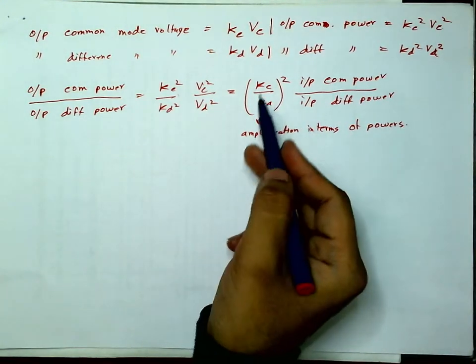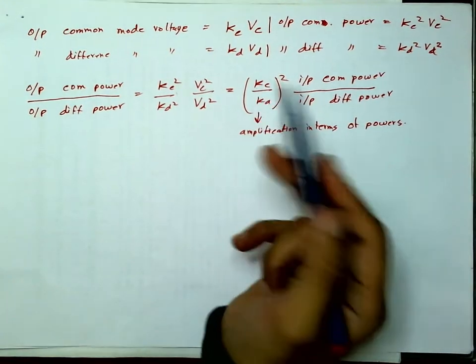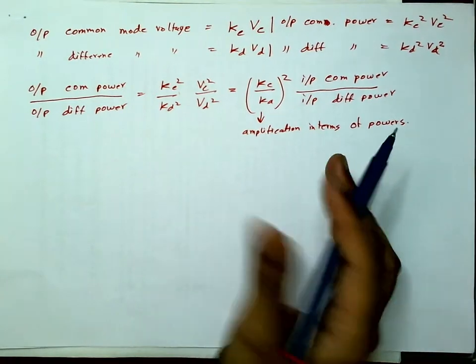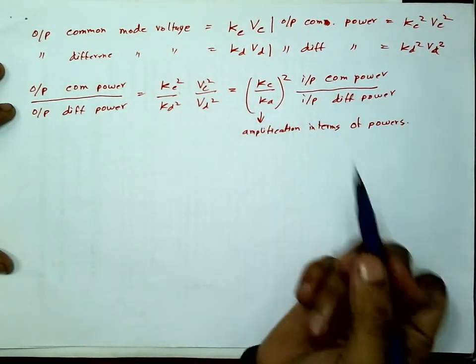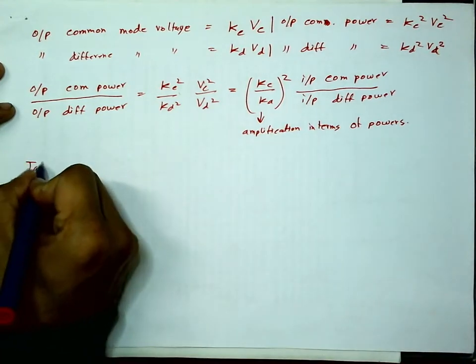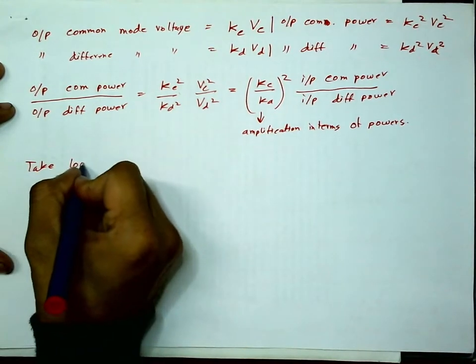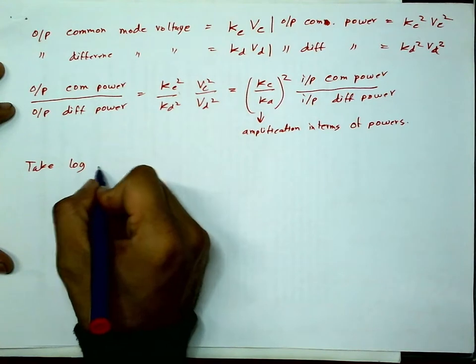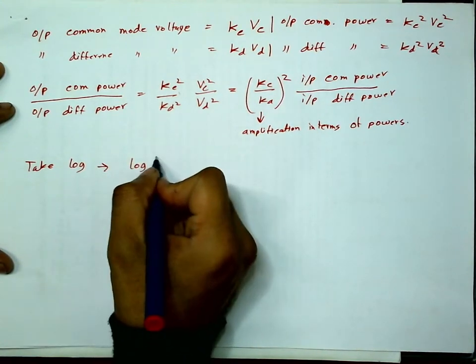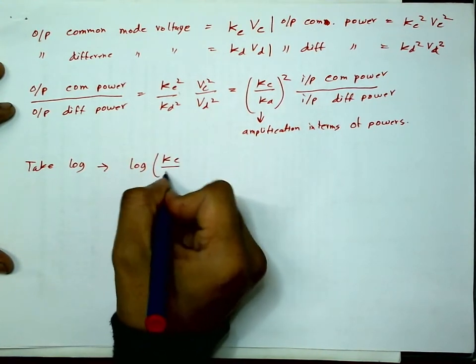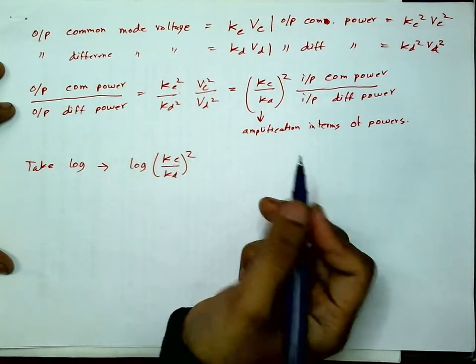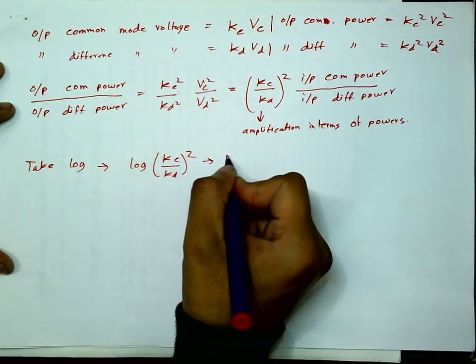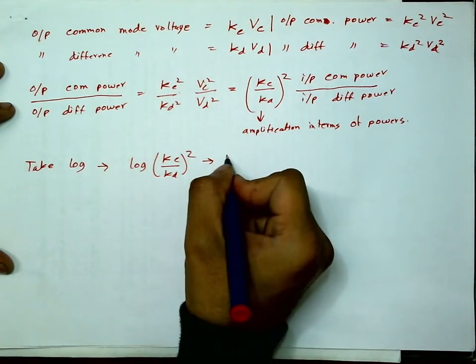Now this ratio, I mean this number, we can also represent it in the log domain. We can just take the log of this, log of the factor (Kc by Kd) whole squared, and this we call Bell.